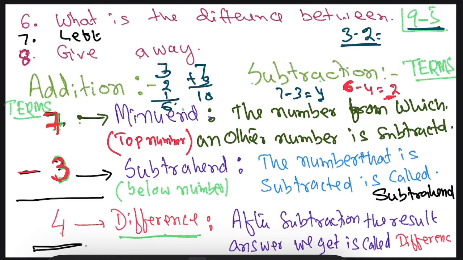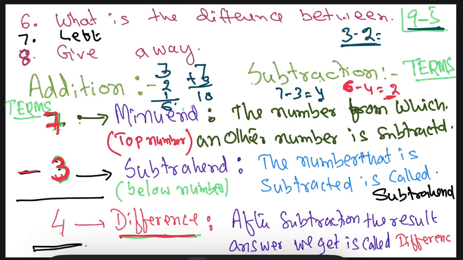And what is the bottom number? That is 3, known as the subtrahend. The subtrahend means the number that is subtracted. This one is subtracted from 7, isn't it? After subtraction, what is the result, the answer? That is known as the difference. 7 minus 3 is 4, so 4 is the difference.